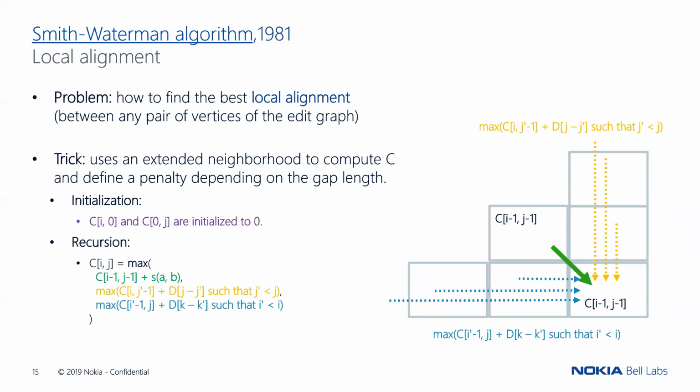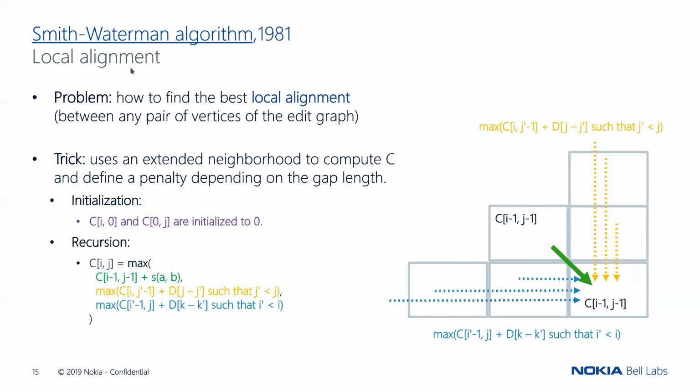So you find the best alignment for any substring of X and Y. This is what they call the best local alignment problem. And to solve this problem, they use the Smith-Waterman algorithm, which was designed in 1981 by Smith and Waterman. And the idea is that you will once again slightly change your dynamic program to find such an alignment.